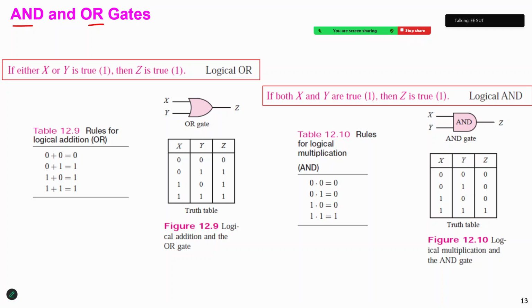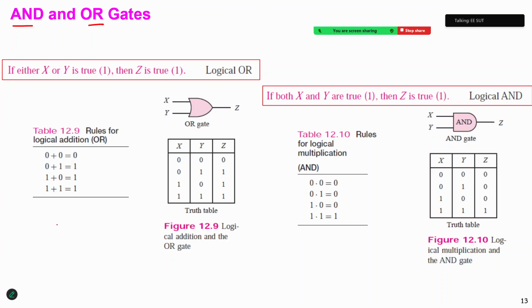The rule of OR is a kind of addition rule. 0 or 0 means 0. 0 or 1 would be 1. 1 or 0 is 1. 1 or 1 is 1, right? 1 or 1 is 1. Like this.